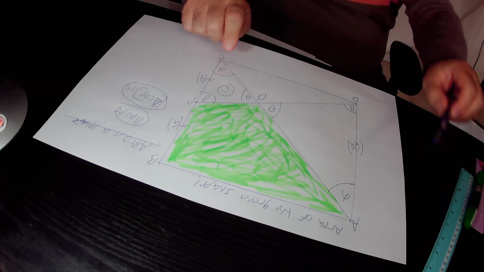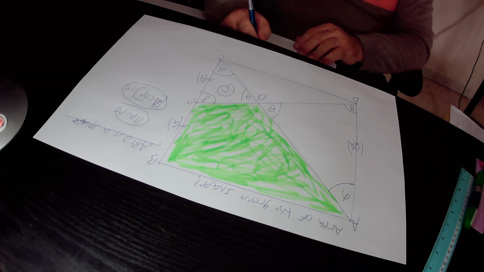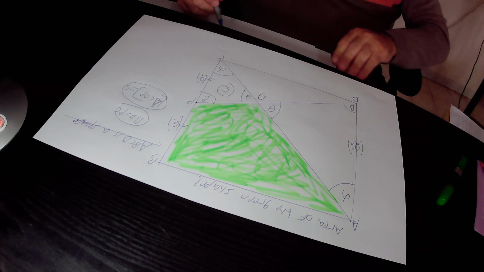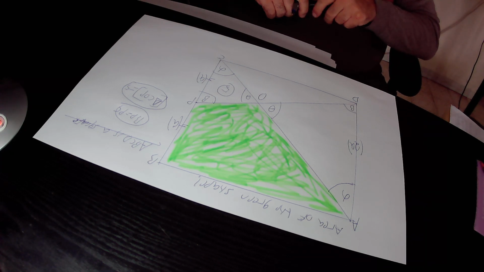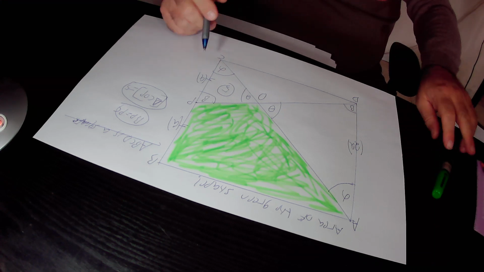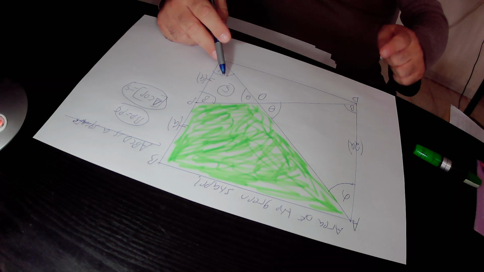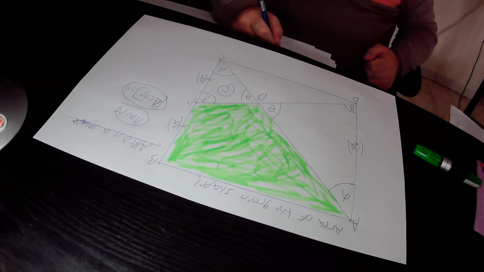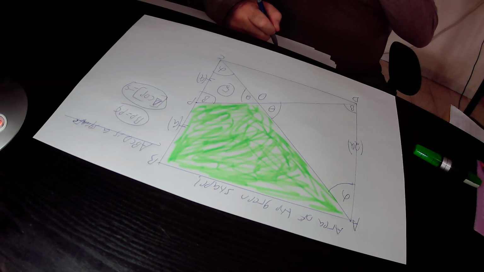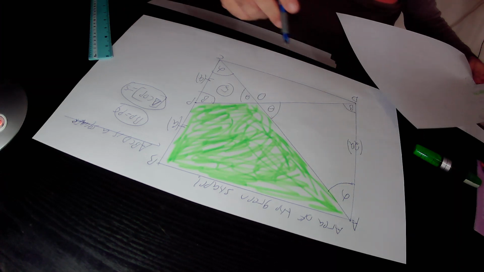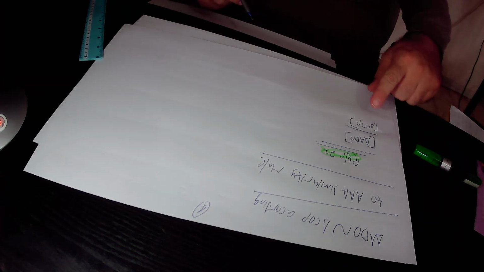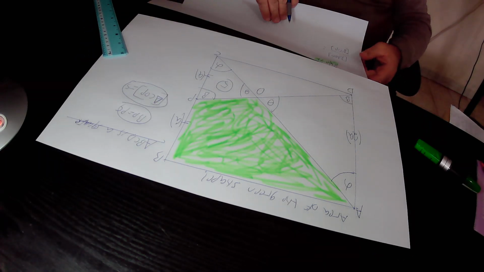So according to rule 22, the ratio between the areas of those two similar triangles, that is to say, the area of this triangle ADO over the area of this triangle COP, is equal to the square of the ratio of their corresponding sides.